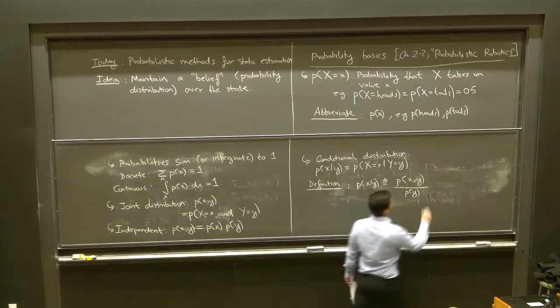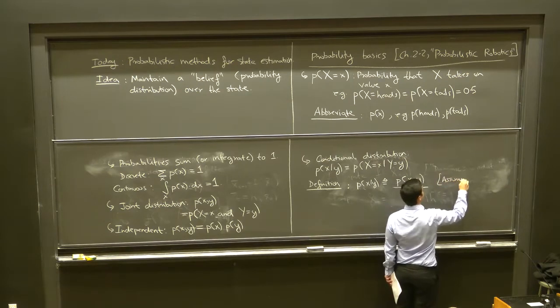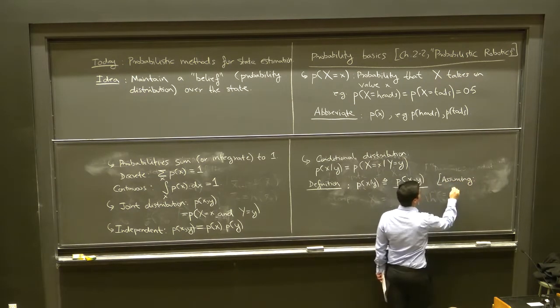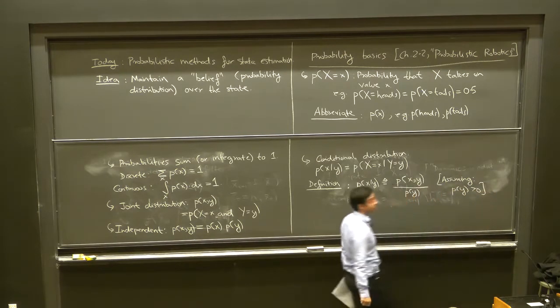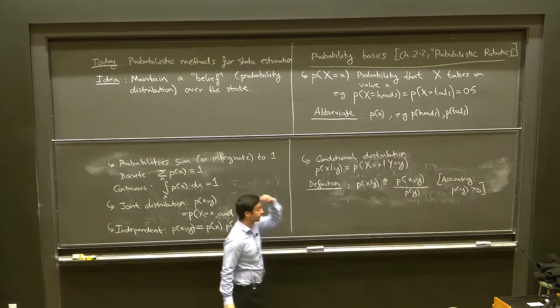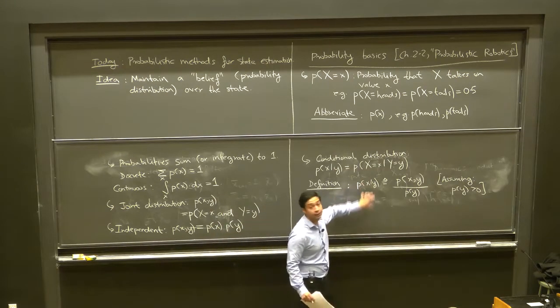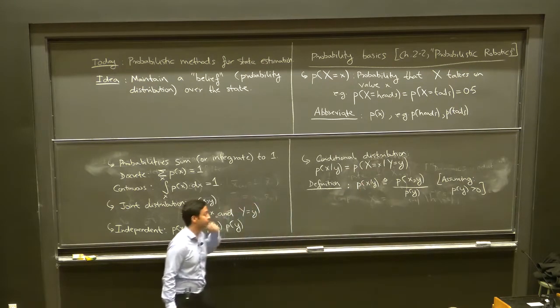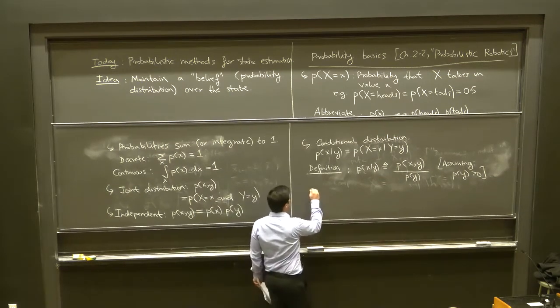And this assumes that p of y is not equal to 0, otherwise we're dividing by 0, and this is not defined. So as long as p of y is strictly larger than 0, we can define the conditional probability distribution as such.